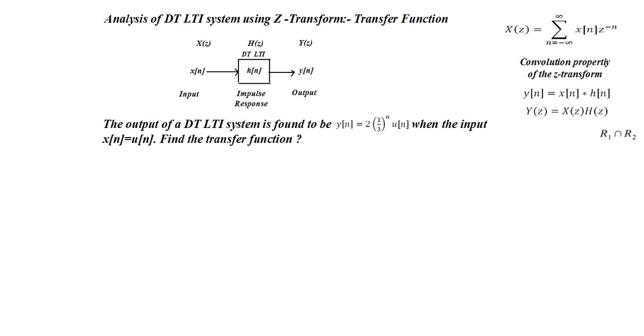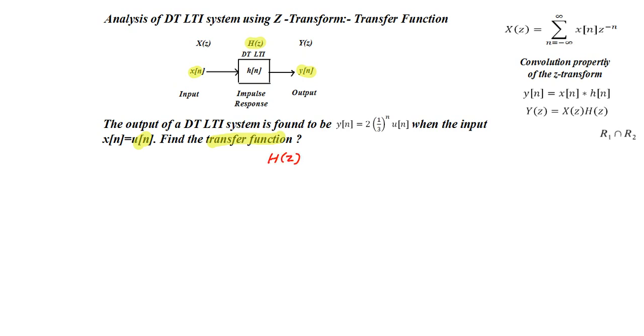When the input x of n is equal to u of n, we need to find the transfer function, that is, we need to find H of Z. In the question x of n is given, y of n is given, we need to find H of Z.